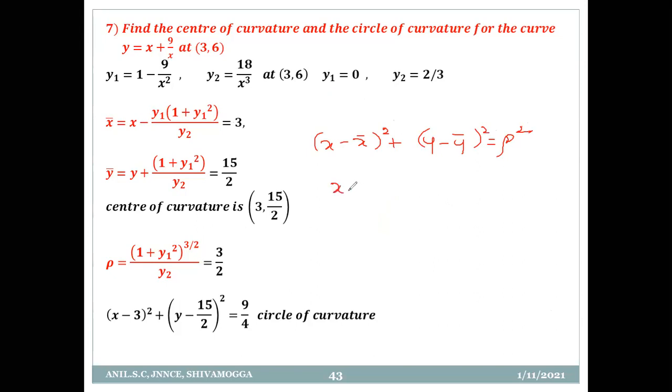Substitute x bar is 3, whole square plus y bar is 15 divided by 2 whole square is equal to rho square. Rho is 3 by 2 and its square is 9 by 4. You make a note of this.